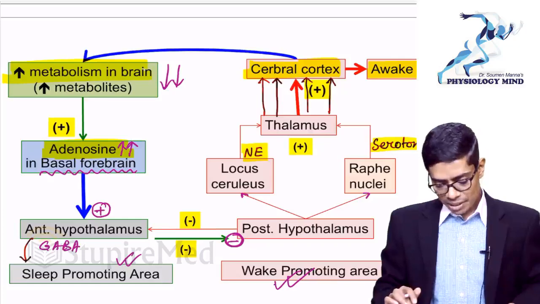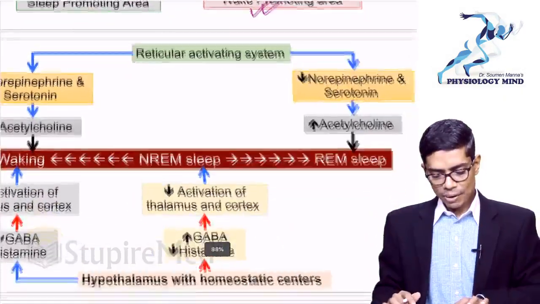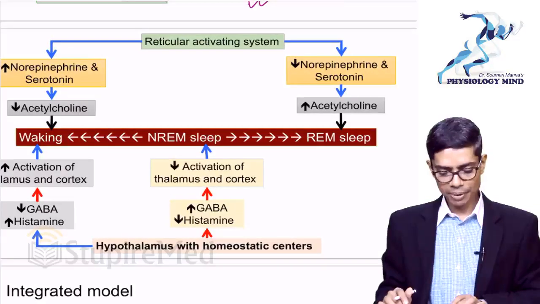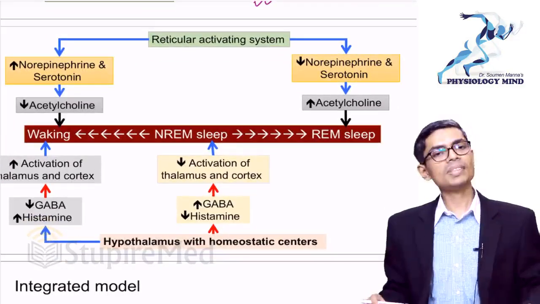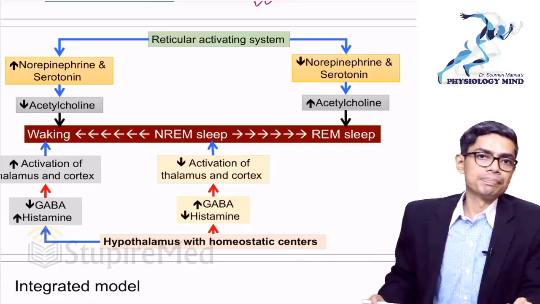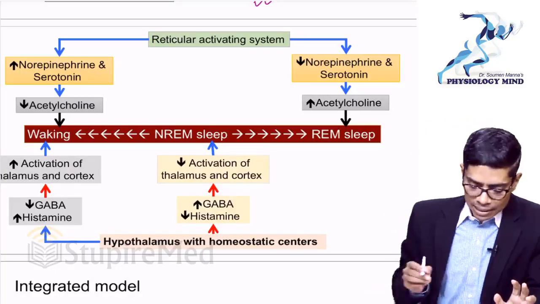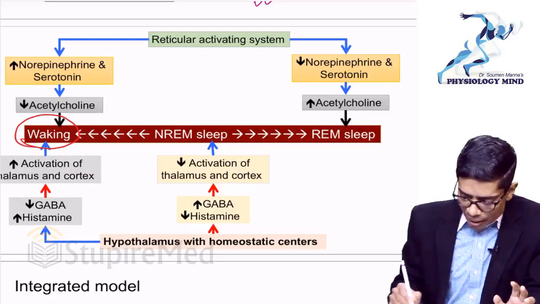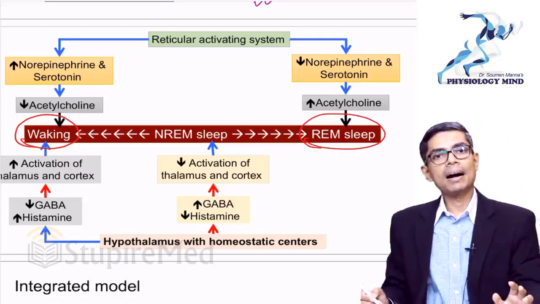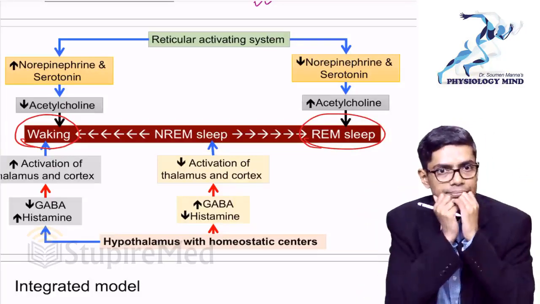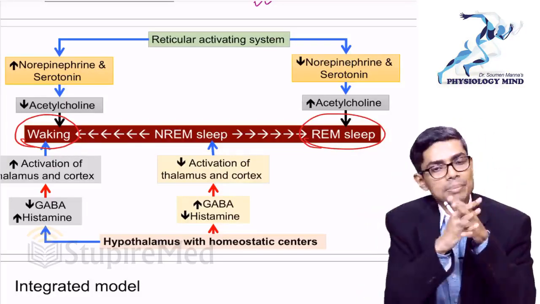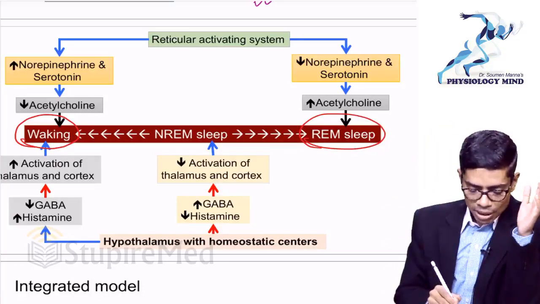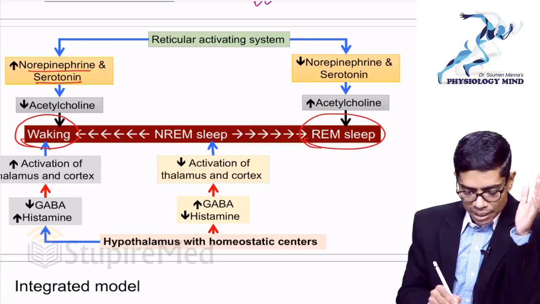Now apart from this metabolite theory, Genong has given another theory, that is the neurotransmitter theory. In this theory, it is said that waking and REM sleep are extremes of one another. When the person remains awake, the norepinephrine is very high, or the serotonin is very high.